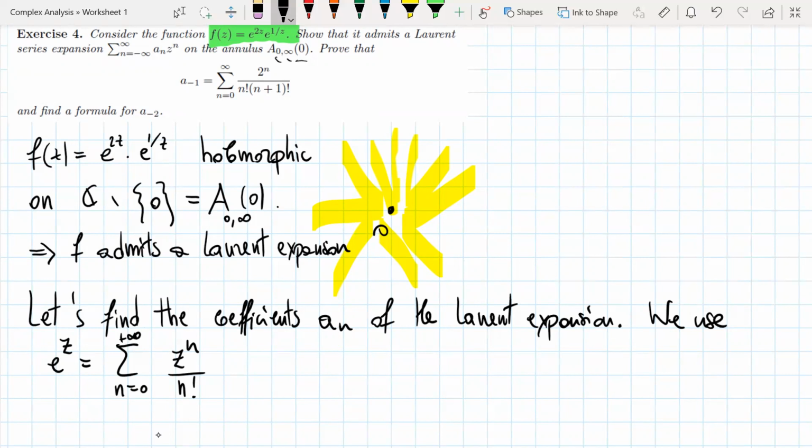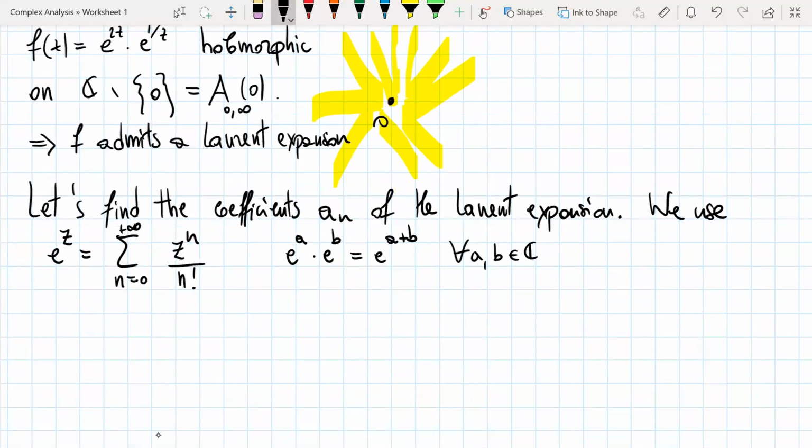small trick, and namely we remember that e to the a times e to the b is equal to e to the a plus b for all a and b complex numbers. So this implies that my function f of z is also the exponential of 2z plus 1 over z.